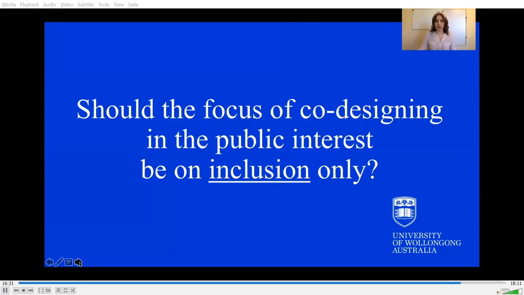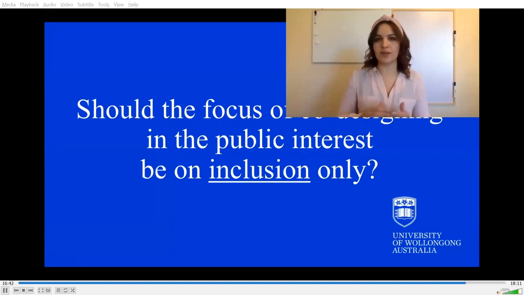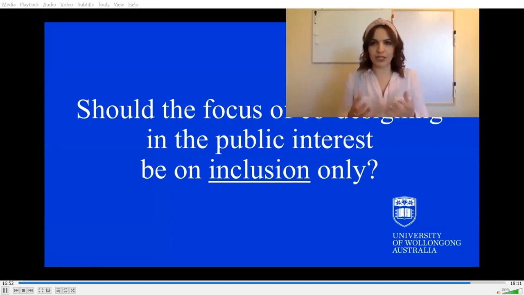So should the focus of co-designing the public interest be on inclusion only? I find this particular discussion really fascinating, and I think we can situate it within the broader context of having a situational awareness, or the idea of context in general where co-design is concerned. When we think about inclusion, it's obviously a very important element of co-design.